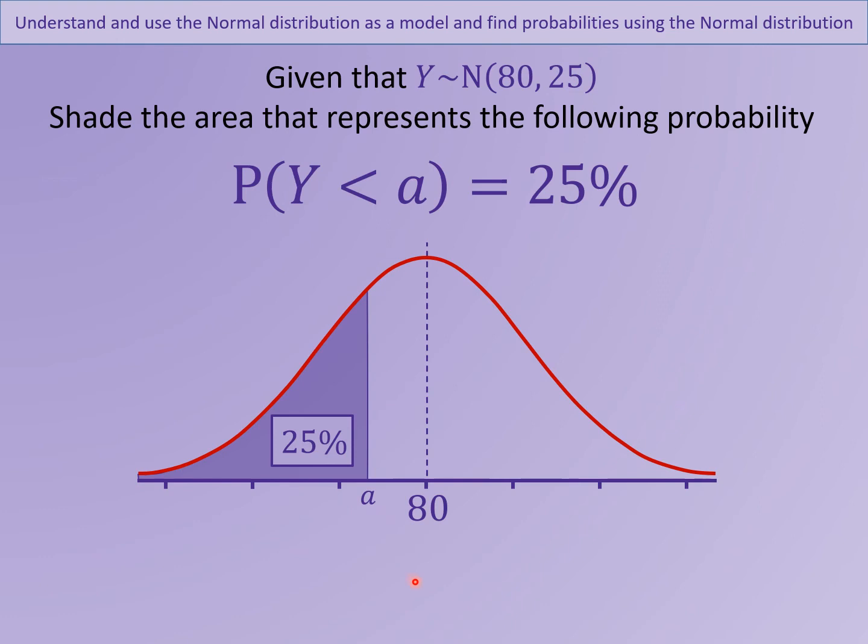So I grab my calculator, I put in my mean, I put in my standard deviation of 5, I put in my p-value of 0.25, not 25, be careful, and that should tell me what my A value is. It should tell you the A value is about 76.6. Don't just go with it, make sure you look and you say, yeah, I'm happy with that, because I know that's 80, I know that's going to be 75 just there, so 76.6 makes sense to me, sounds correct.